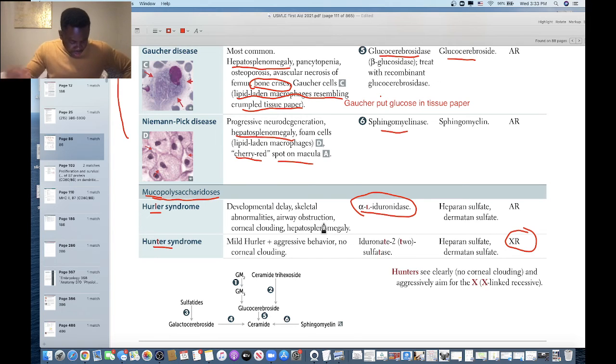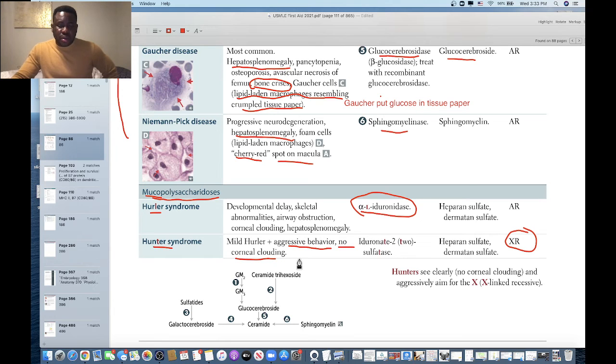They look almost the same, but the one that has aggressive behavior is the Hunter, because when a hunter sees an animal, they become aggressive. So Hunter has aggressive behavior. Again, Hunter has no corneal clouding. Why?